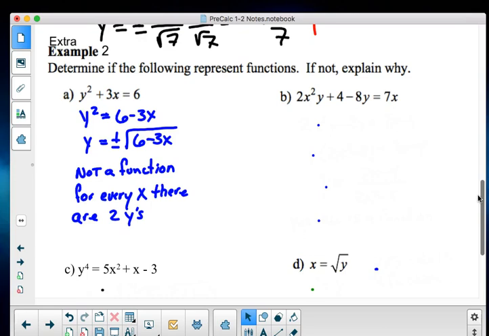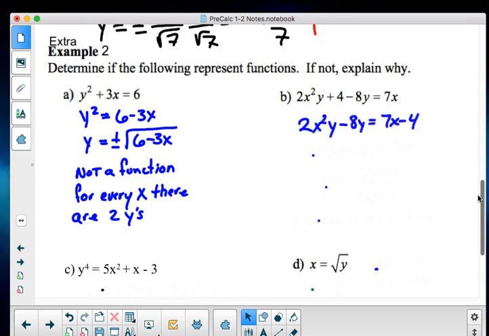Now, when I'm solving and I have y in a couple terms and I can't combine those terms because they're different variables, I have to pay attention to the fact that I've got those y's going on here, and I'm going to subtract just the 4. I'm going to get the things with the y together, so I'm going to subtract 4.